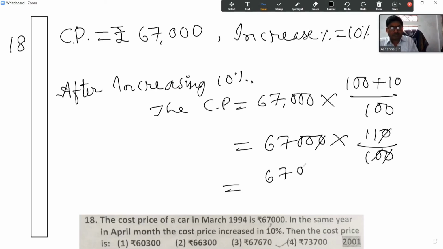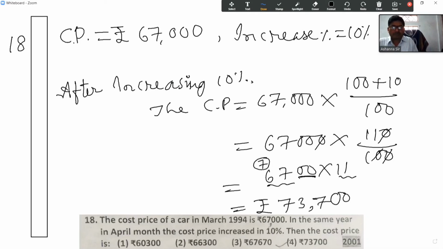Okay, I will show clearly this. 11 sevens are 77. 11 6s are 66. 73. Then we keep these two zeros. 73,700 rupees is the cost price after increasing 10 percentage. So option 4.